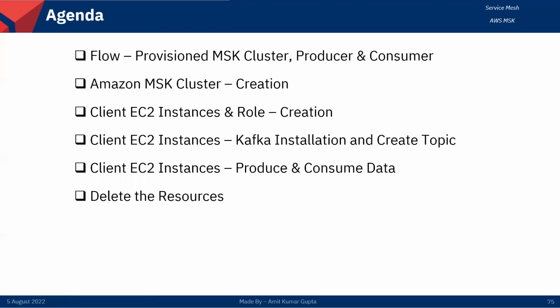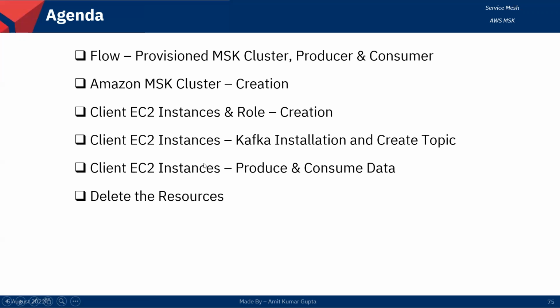Now, the agenda for this video is we will discuss the flow, how this MSK cluster will work and how the producer and consumer will show up there, and how to create the MSK cluster. Then we will create a client EC2 instance and role. Then we will do the Kafka client installation and create the topics.